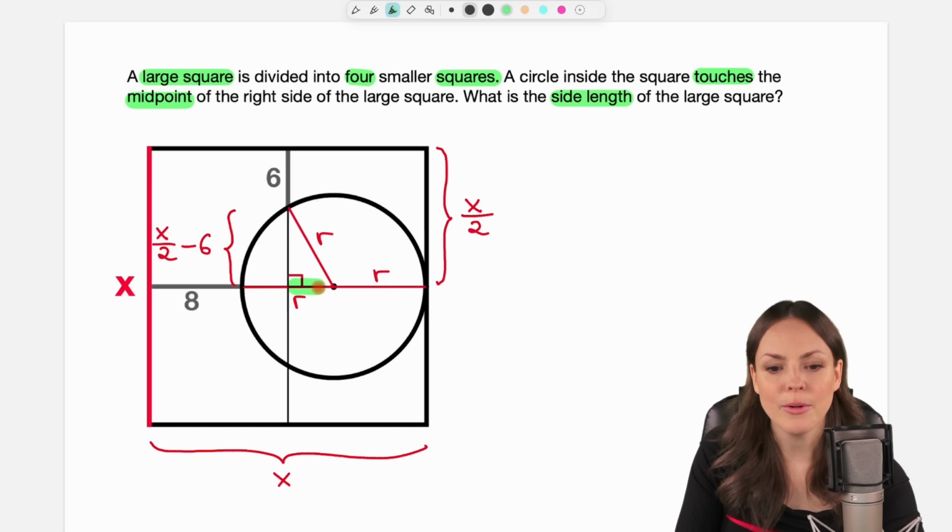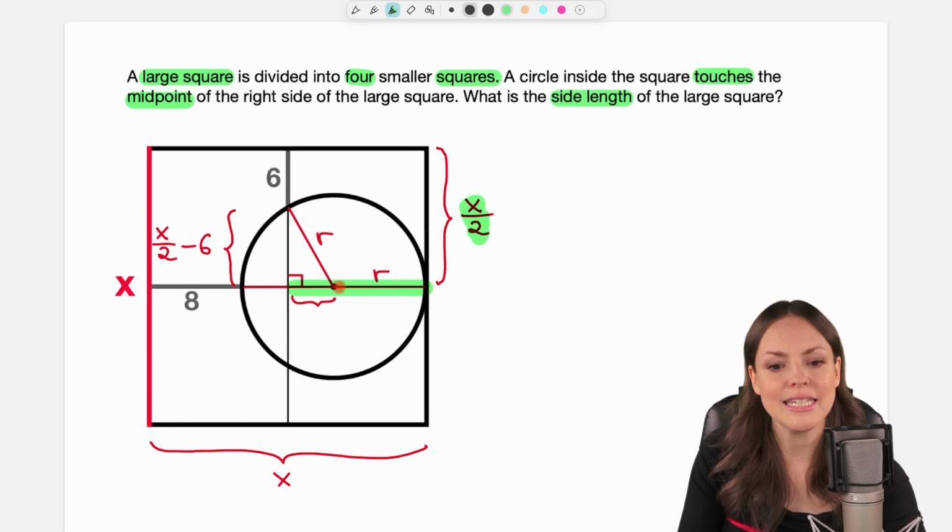What about this part down here? This is not my r, because r was the entire radius, this here. So if I just want to know what this part here is, how can I do that? Well, I also know the length of this entire side here again. Why? Because this is the side of my small square, which is of length x over 2 again.